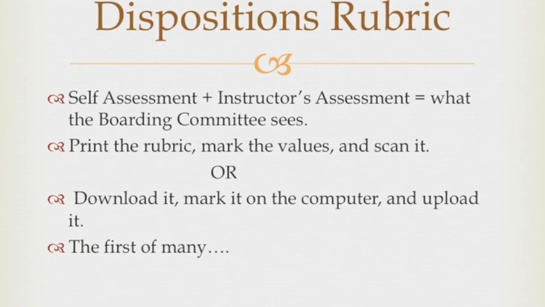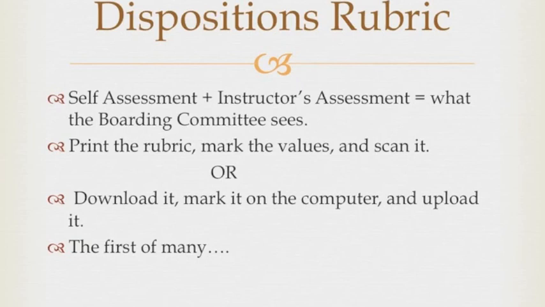What's going to happen, though, once your portfolio is submitted for assessment to me, the instructor, is I'll actually take your self-assessment, look at it, also look at your work in our course, make my own assessment on the dispositions rubric, and a combination of those two will be what your boarding committee sees. The dispositions rubric is a rubric that is utilized throughout the College of Education.